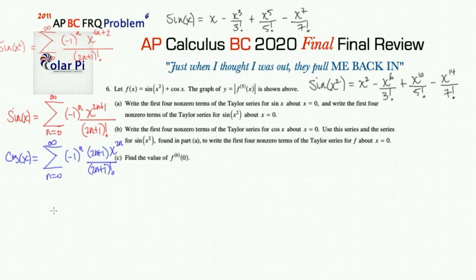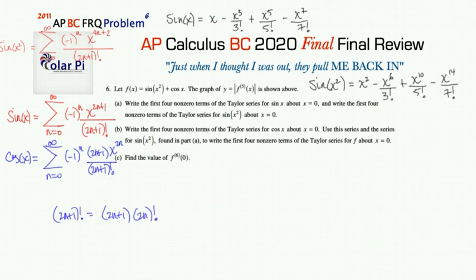Now recall that 2n plus 1 factorial is going to equal 2n plus 1 times 2n factorial. So if you use this, you can replace that by 2n plus 1 times 2n factorial, wherein you could get rid of this, and so the denominator just turns into 2n factorial.